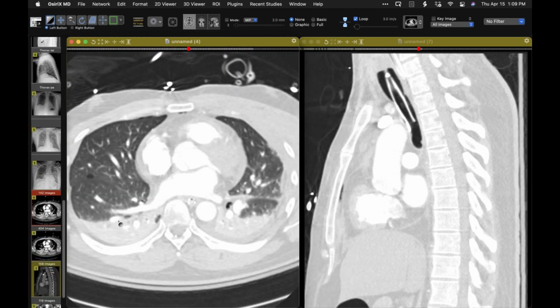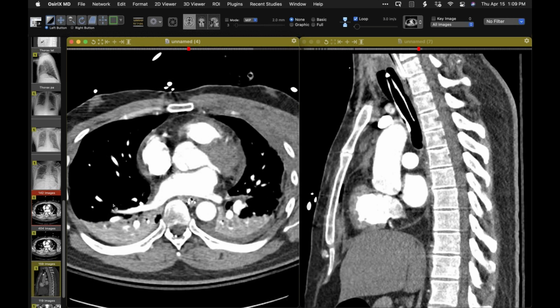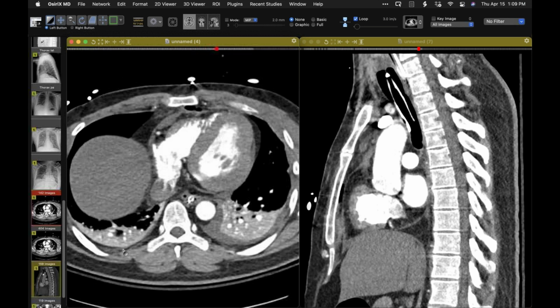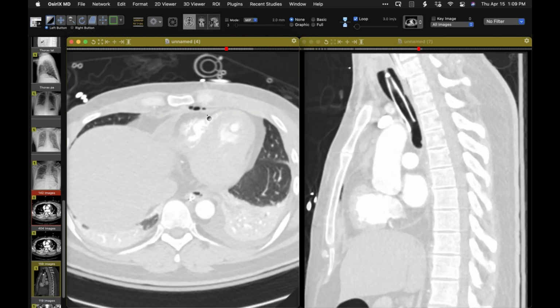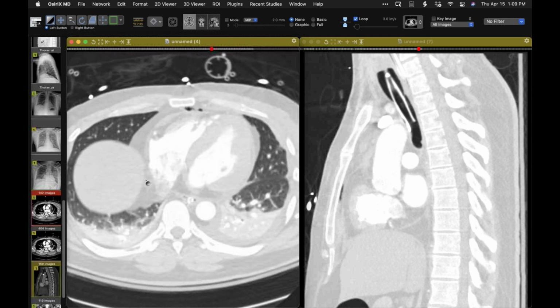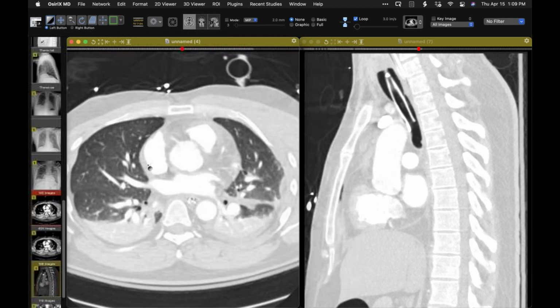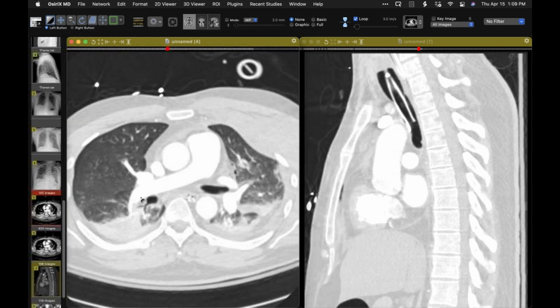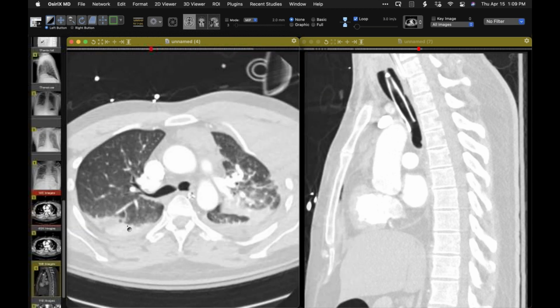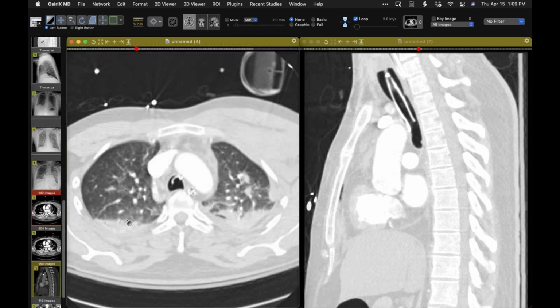Here, we have a lot of extrapleural hematoma associated with displaced fat, the extrapleural fat sign of hematomas adjacent to rib fractures. And here you can see a nice example of the so-called extrapleural fat sign.